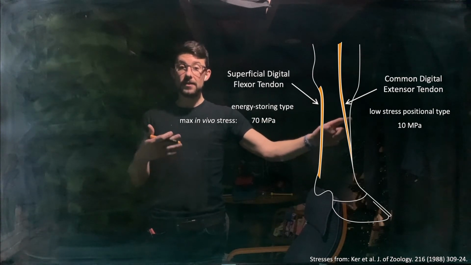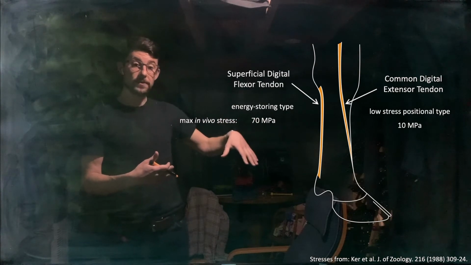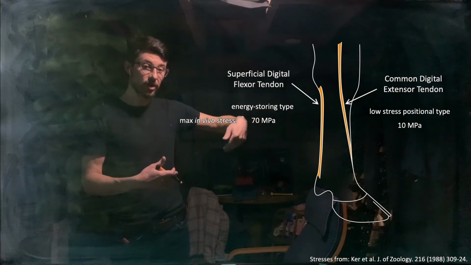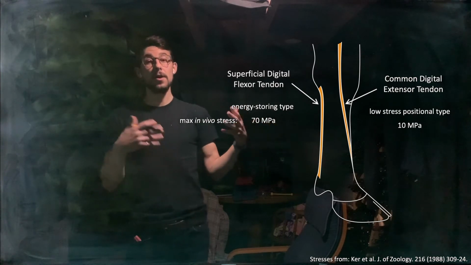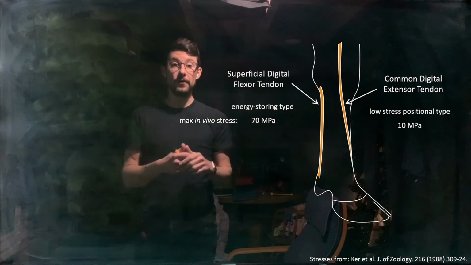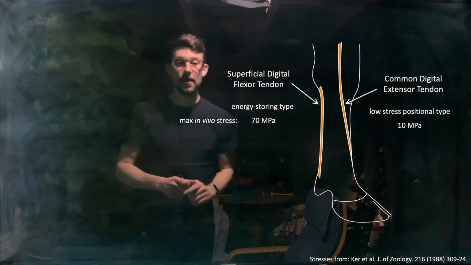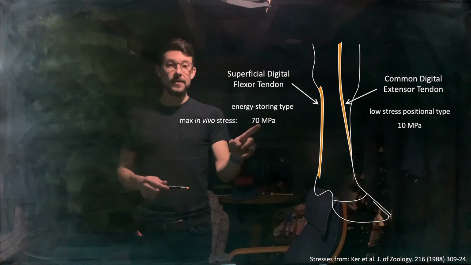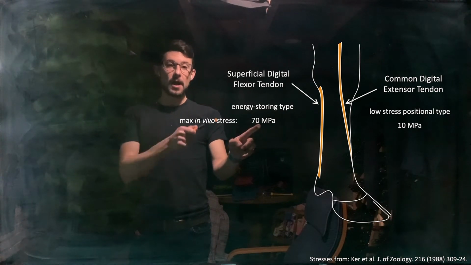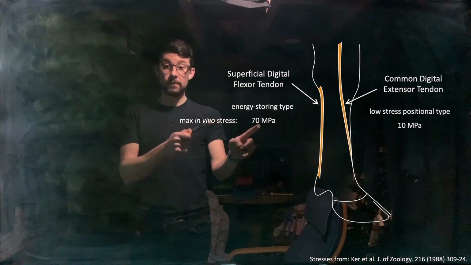This tendon is largely active when the cow's hoof is off the ground, to reposition it in order to land properly on the ground for the next step. So consequently, the tendon operates under a very low amount of stress. Now it makes intuitive sense, right, that the tendon that's seeing the higher stress in vivo would have more cross-linking.